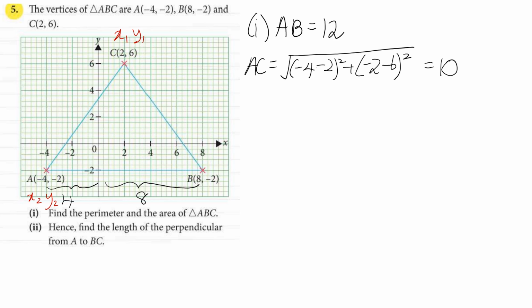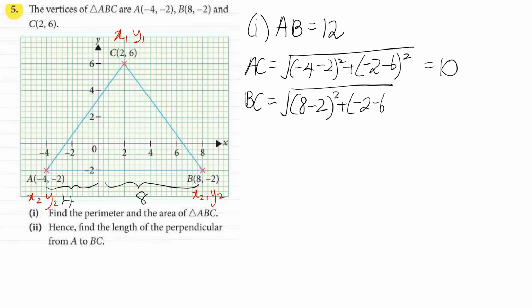Alright, and the next thing is I'm going to find BC. Since I've already labeled point C as x1, y1, I'm just going to label point B as x2, y2. So we're going to do the substitution. That will be x2 minus x1, so that will be 8 minus 2 squared plus negative 2 minus 6.